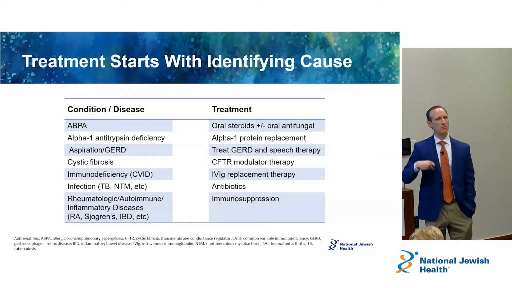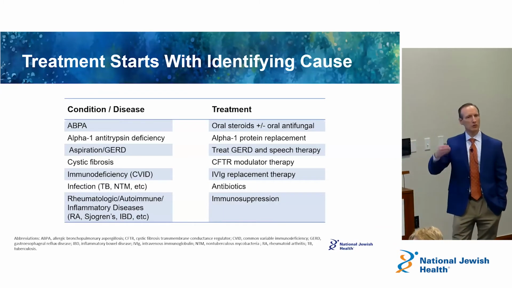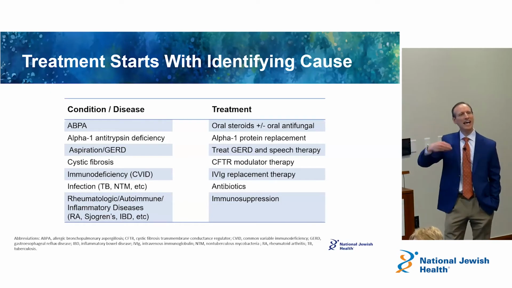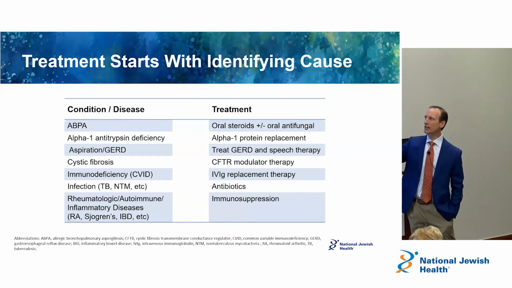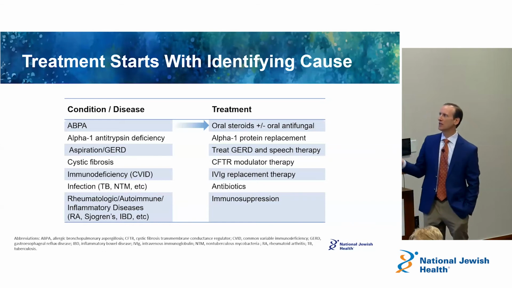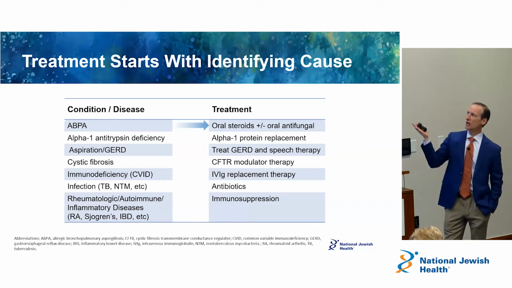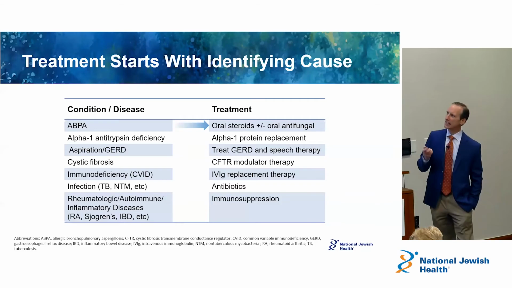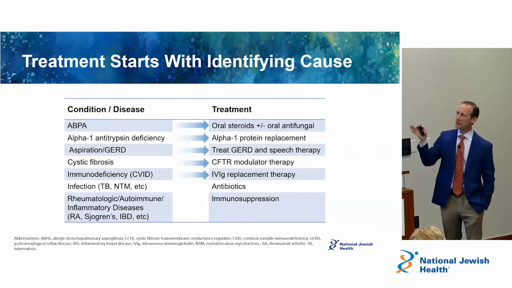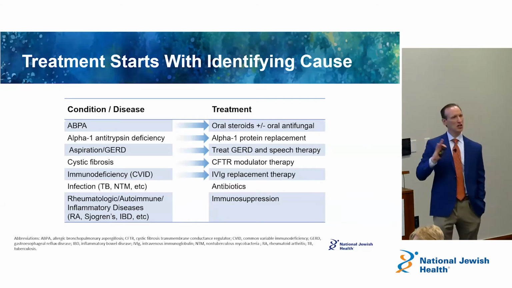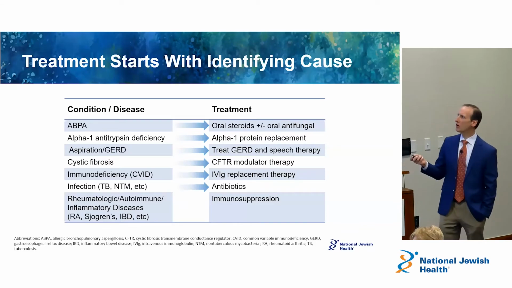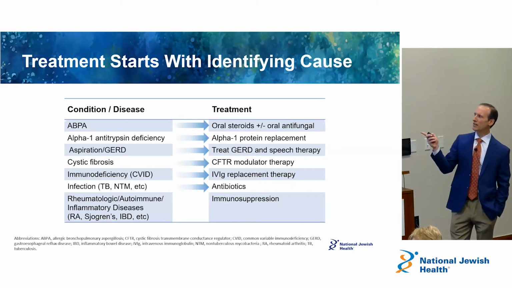But the goal and the reason we do all that is if we can find it, we can target therapy towards it. And so knowing the cause will help us know the treatment. And again, I'm not going to go through all the different specific diseases because that's sort of beyond this lecture, but just knowing that each one will have treatment.